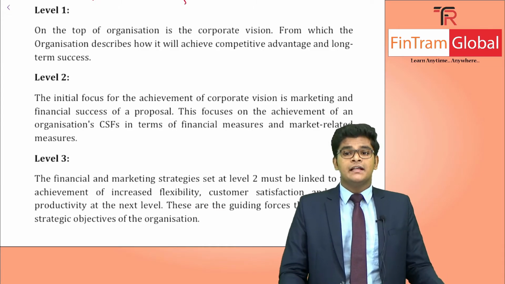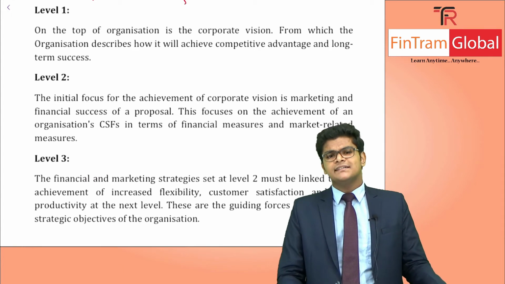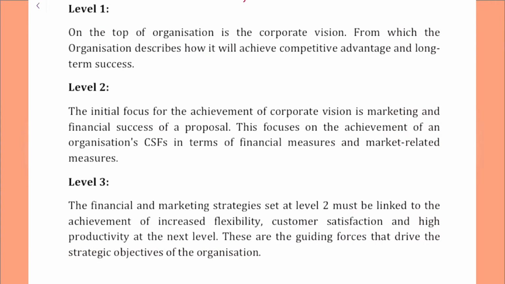So first of all, let's learn about level 1. What is in level 1 here? On the top of the organization is the corporate vision, from which the organization describes how it will achieve competitive advantage and long-term success. So what is the corporate vision exactly? This is basically our long-term objective, isn't it? And what does it describe?